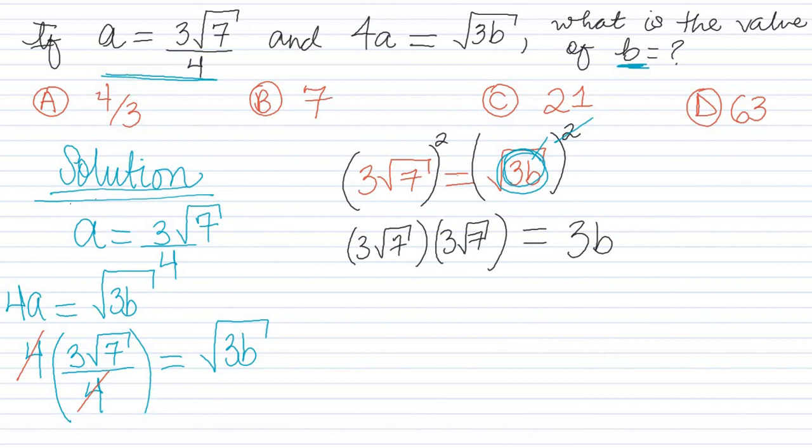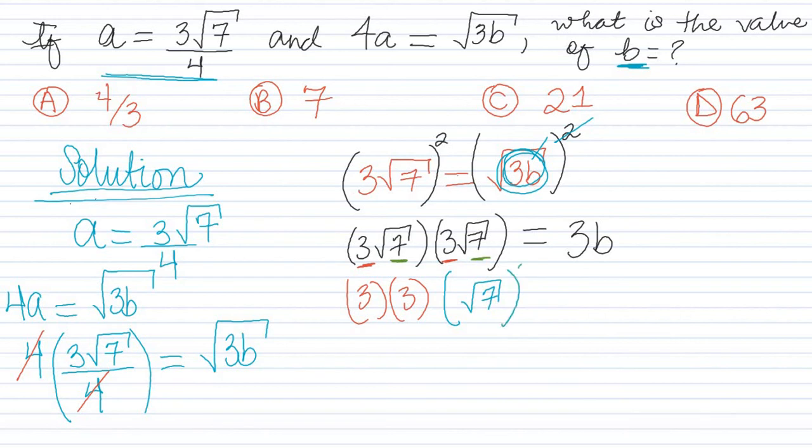So the left hand side involves 3 root 7 multiplied by 3 root 7. So we just do 3 times 3, okay? And then the second part of the work, square root of 7 times square root of 7.